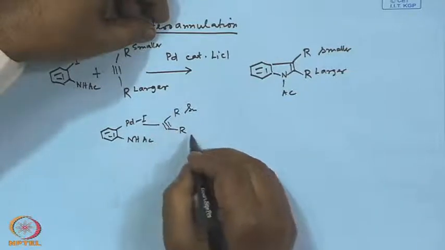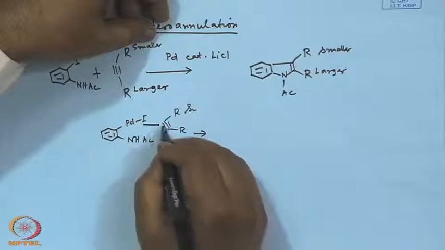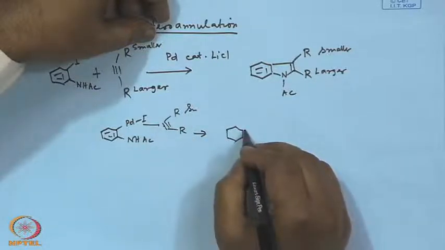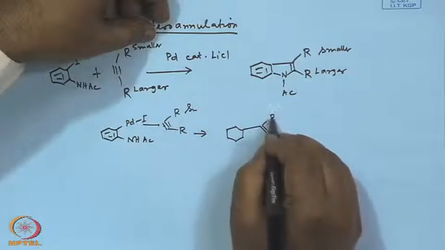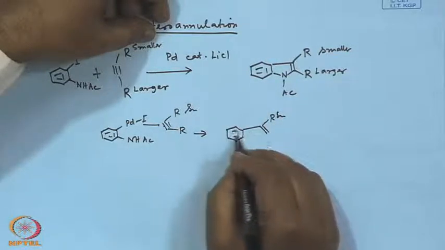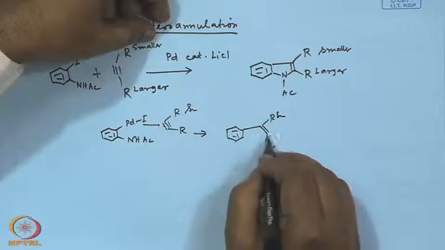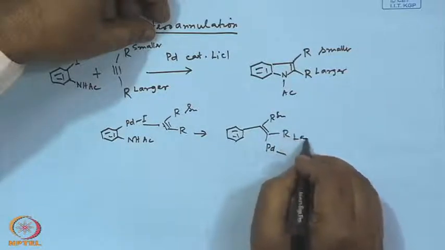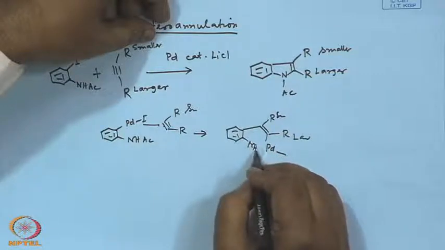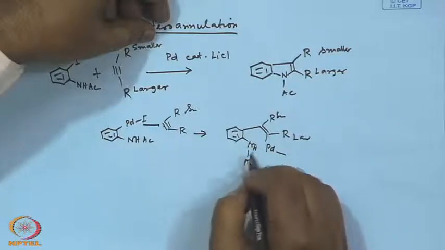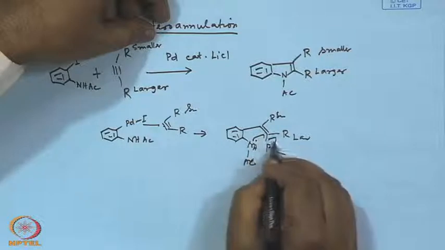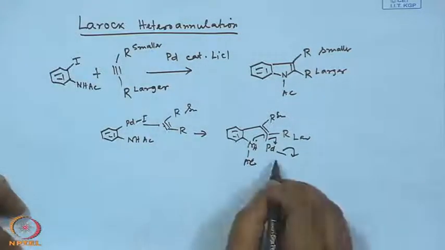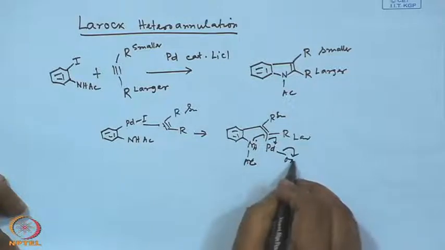Okay. So, you can say first it forms the complex, and then this is the smaller one, and here you have a palladium and the larger ones, then NH acetate, and then of course the palladium undergoes reductive elimination. Okay.